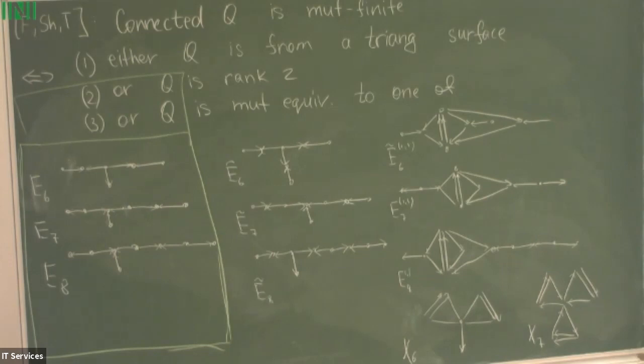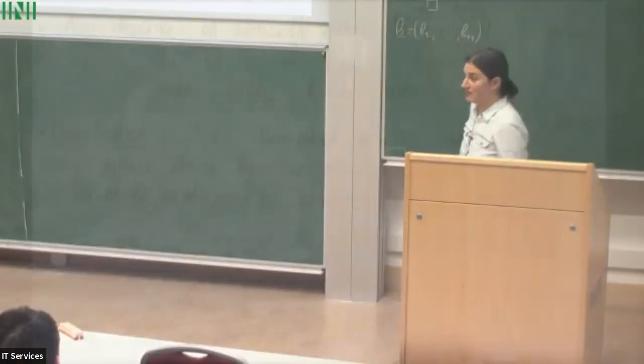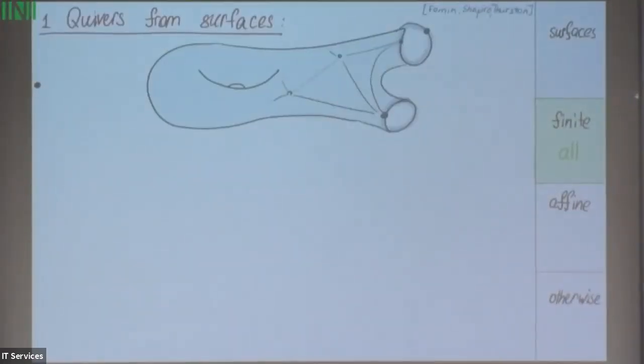Okay. So the first step in this plan is to look at the surfaces. So let's consider a surface, exactly the same setting as in the talks before. We build a quiver from it, and a flip of triangulation corresponds to mutation in our cluster algebra.